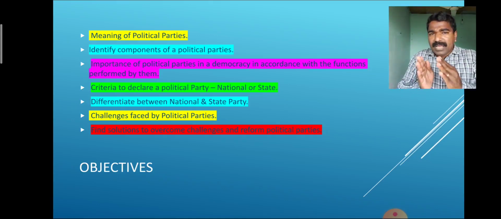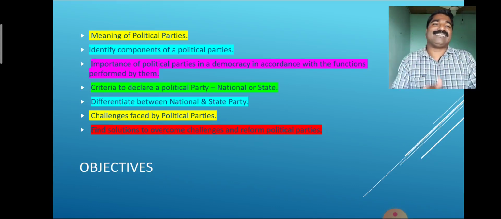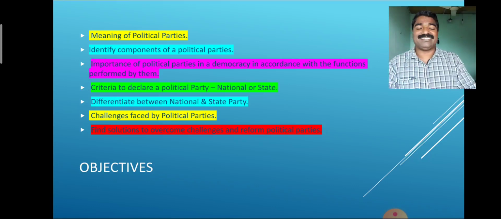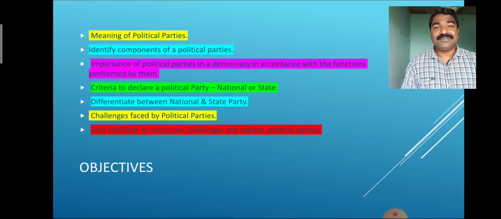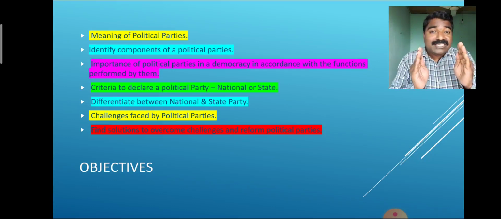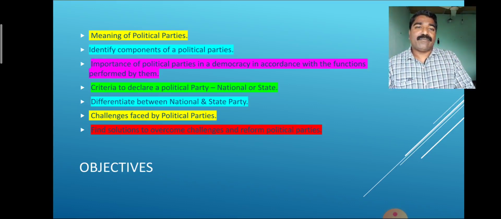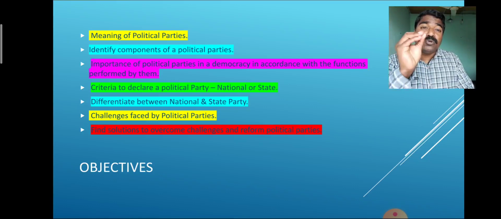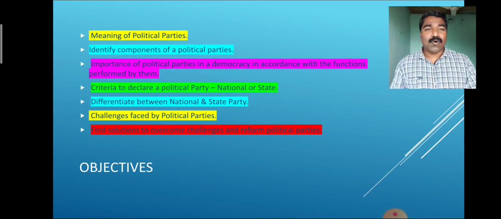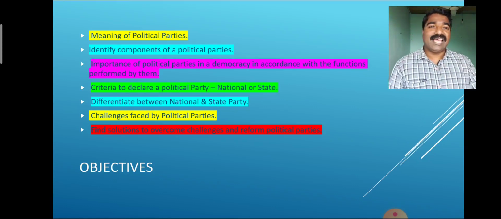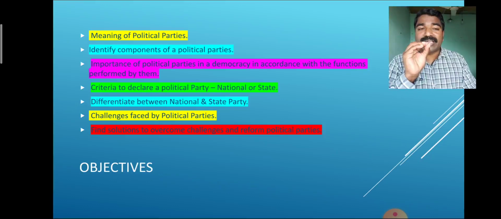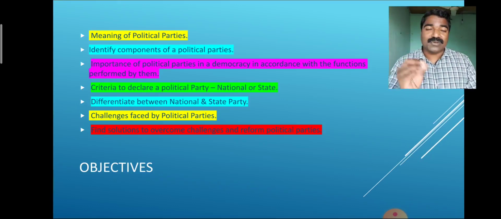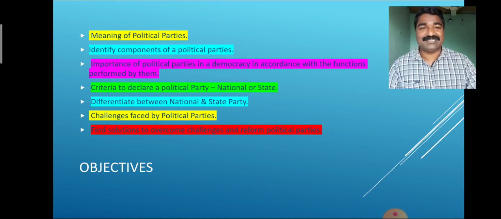Then we will be able to differentiate between national and state party. Then we try to understand the challenges faced by political parties. Then we try to find solutions to overcome challenges and reform political parties. These are the objectives of this particular chapter.